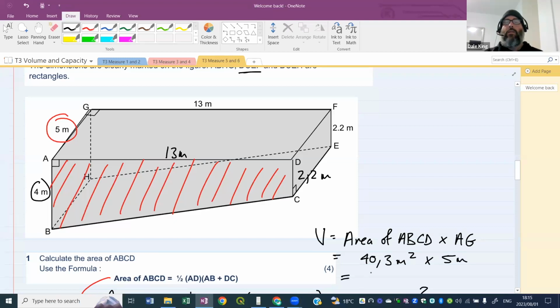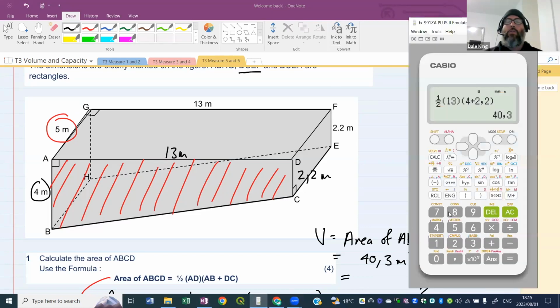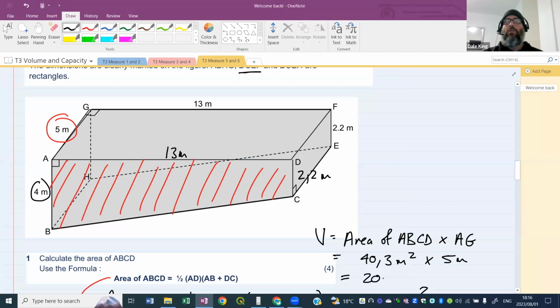All right, and we should get an answer from this. Yes, good, mentioning that the units are cubed. So 40,3, let's check if you guys are on the money, times 5 is 201,5. Very good. So it's 201,5 meters cubed.